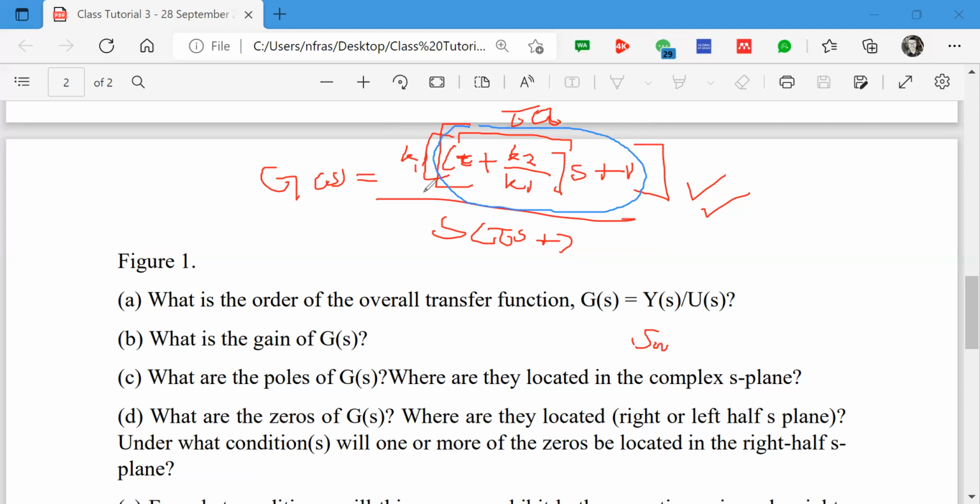So you write (tau plus K2 over K1) multiplied by s, plus 1, equals 0.